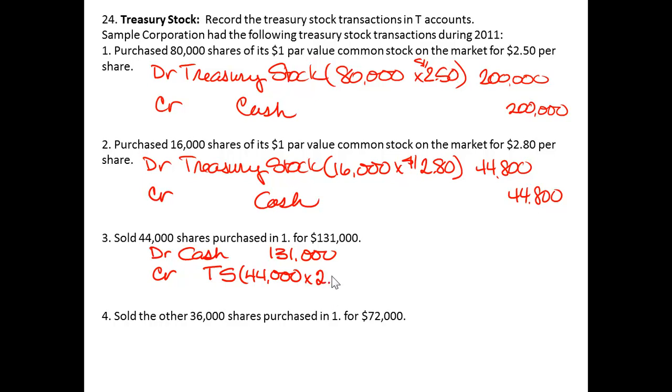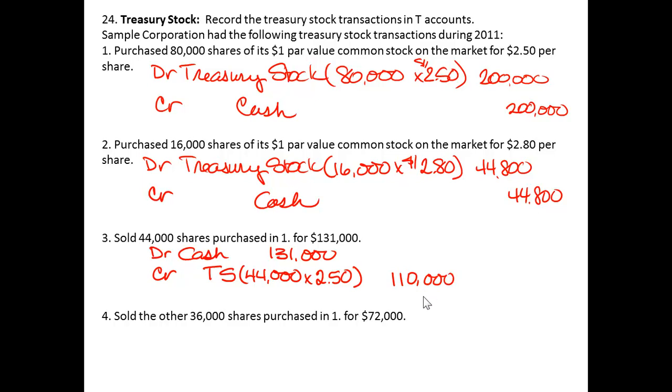And in number 1, the cost was $2.50. So 44,000 shares times $2.50 happens to be $110,000.